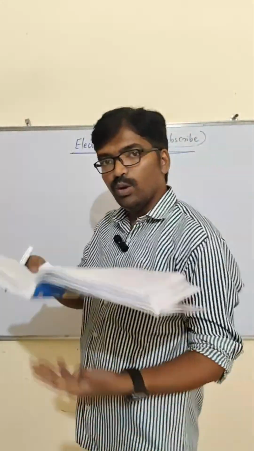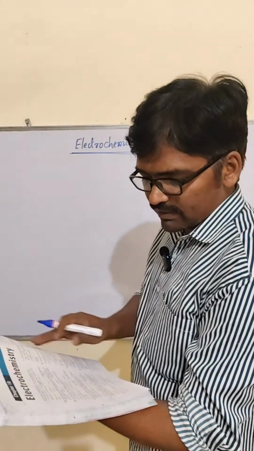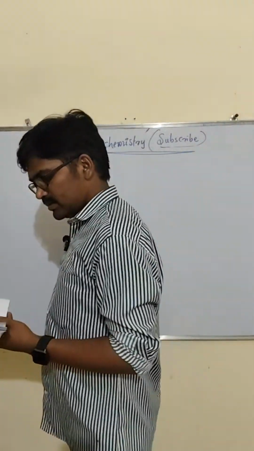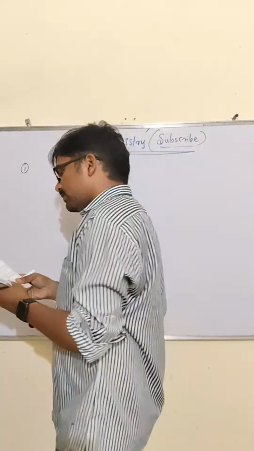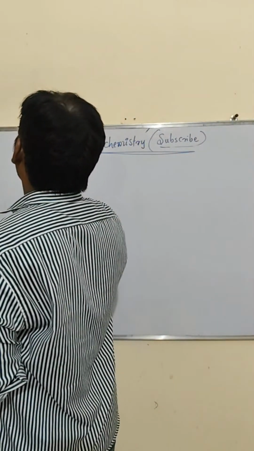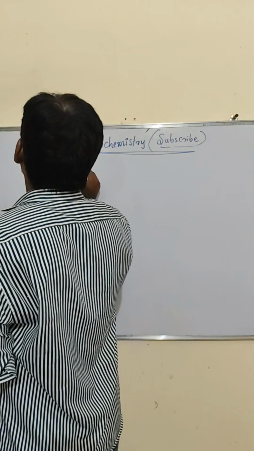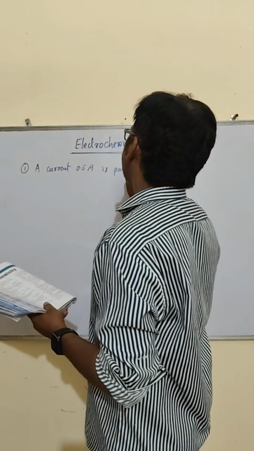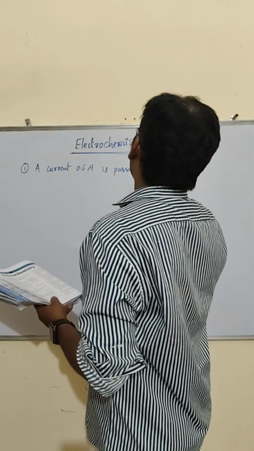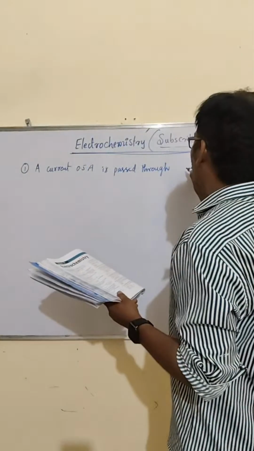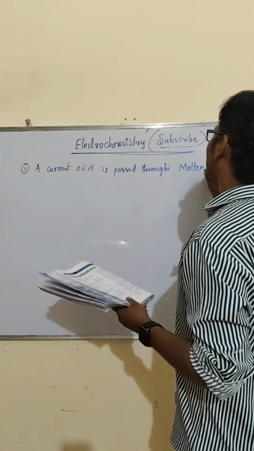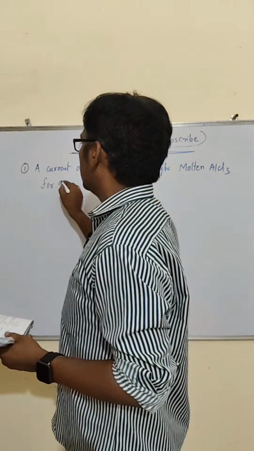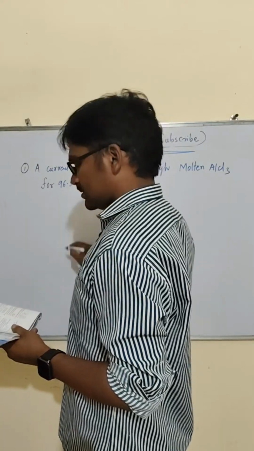Look at what type of questions are given, that we'll discuss now. Question number 1: a current of 0.5 amperes is passed through molten AlCl3 for 96.5 seconds.